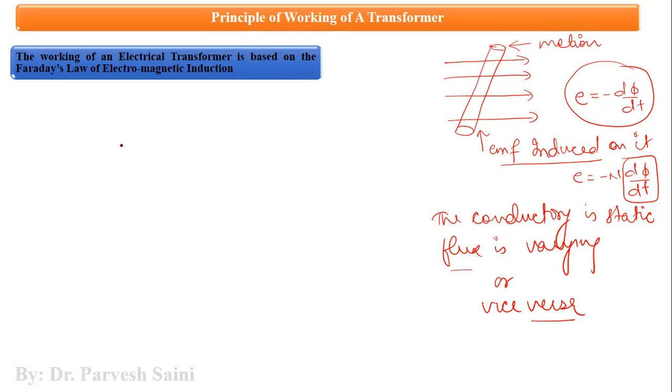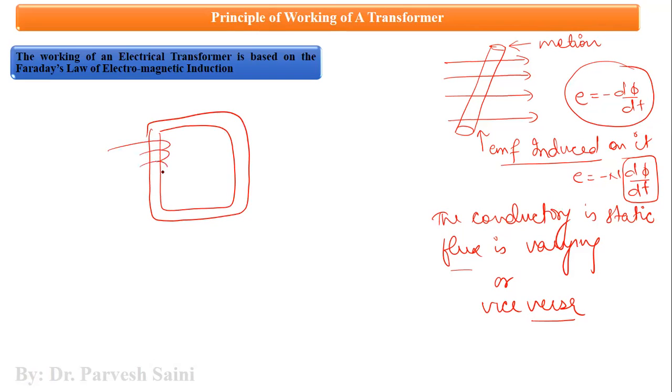But as we all know, in transformers we have a core basically, and the two windings of the transformer, the primary winding and secondary winding, are wound on the two limbs of the transformer in a core type transformer. And if we have a shell type transformer, then the two windings are wound on the central limb of the transformer.